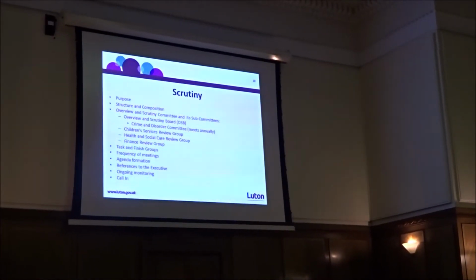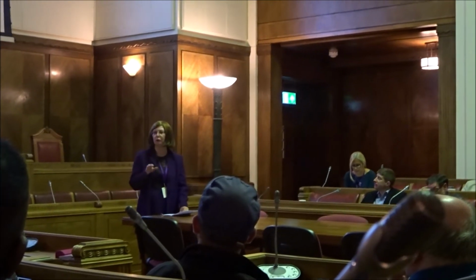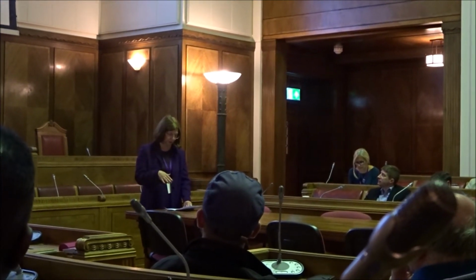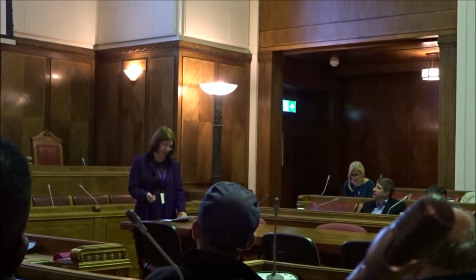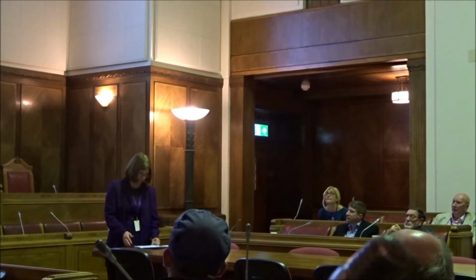Why do we have scrutiny across this role? The role is really to be a critical friend, but still to hold the council's executive to account and help to inform its decisions by reviewing all the proposals and making recommendations to improve the council services for the benefit of people of Luton.